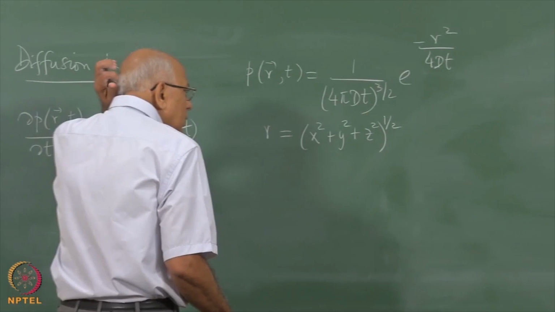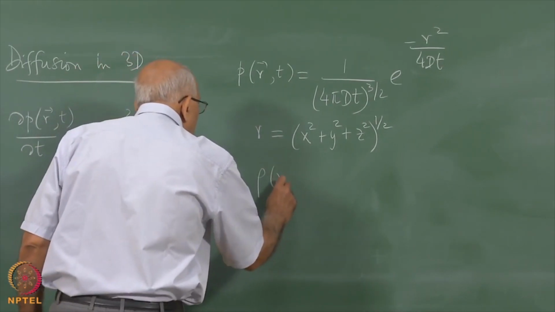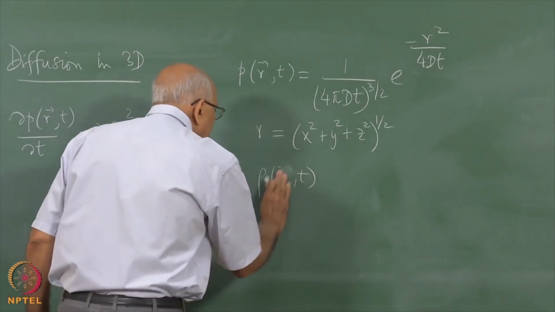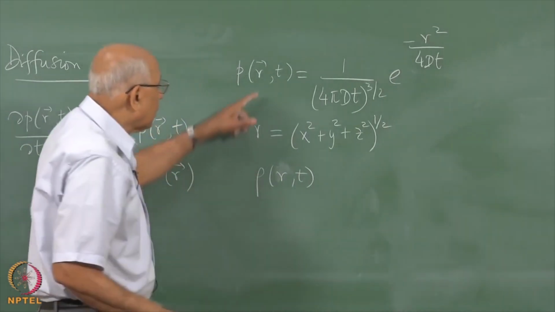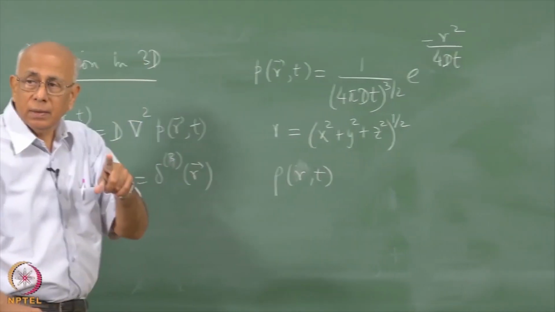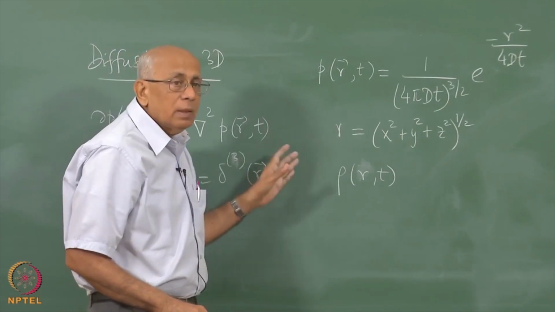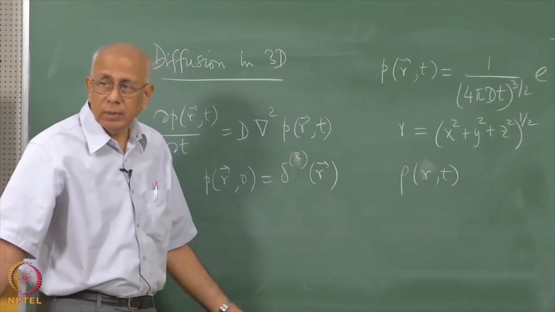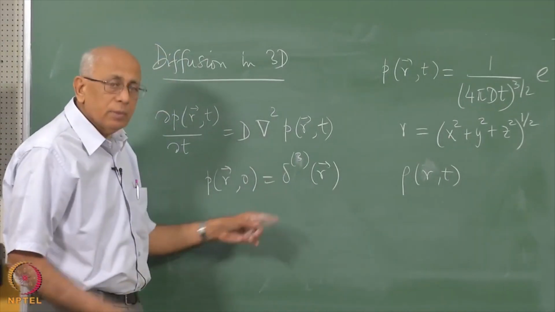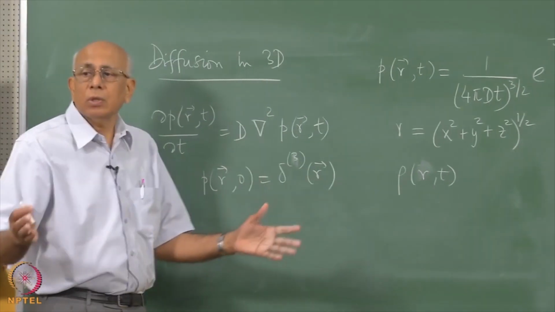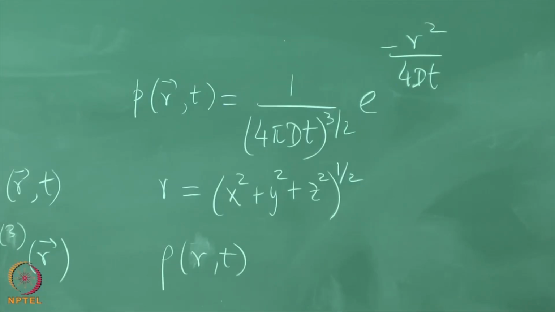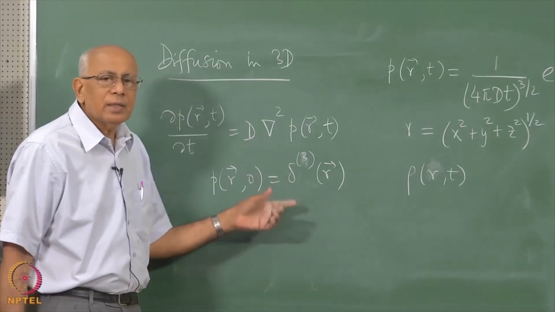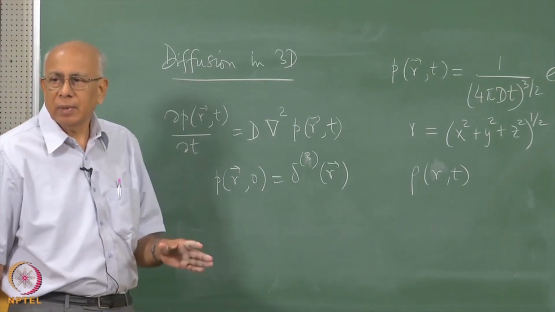Well, the first thing I do is to ask what is rho of little r and T. This is the probability density of the vector R. It is another matter that in this case there is no theta or phi dependence because I started with natural boundary conditions which are spherically symmetric and initial conditions which are spherically symmetric. So the solution is also spherically symmetric because the equation is spherically symmetric. The differential operator del squared, the initial condition, the boundary conditions, they all have spherical symmetry, so the solution also has spherical symmetry.